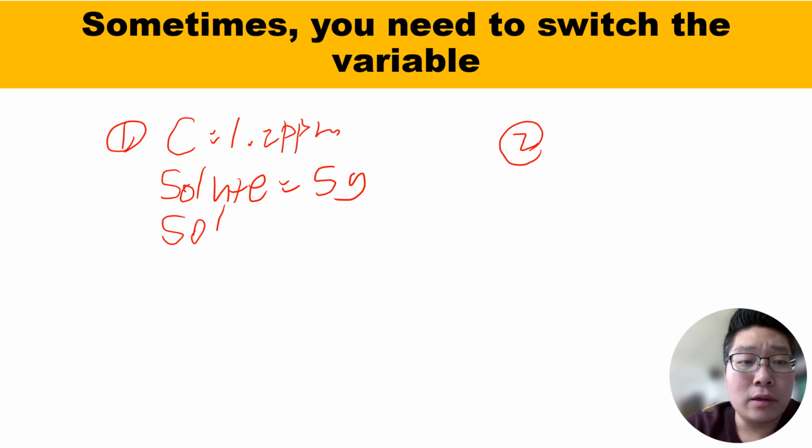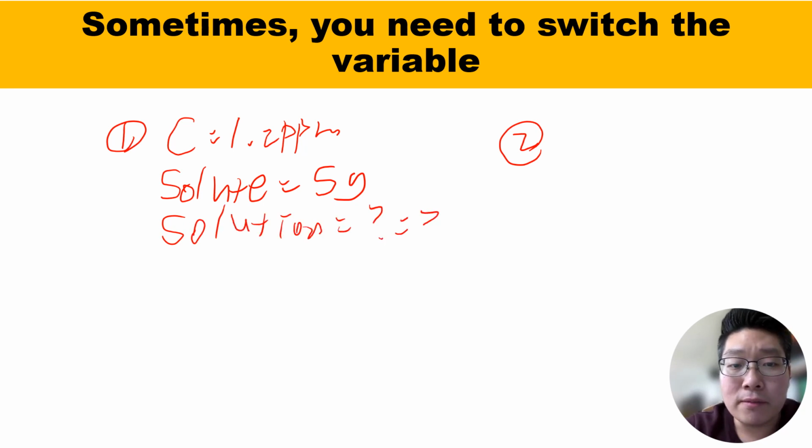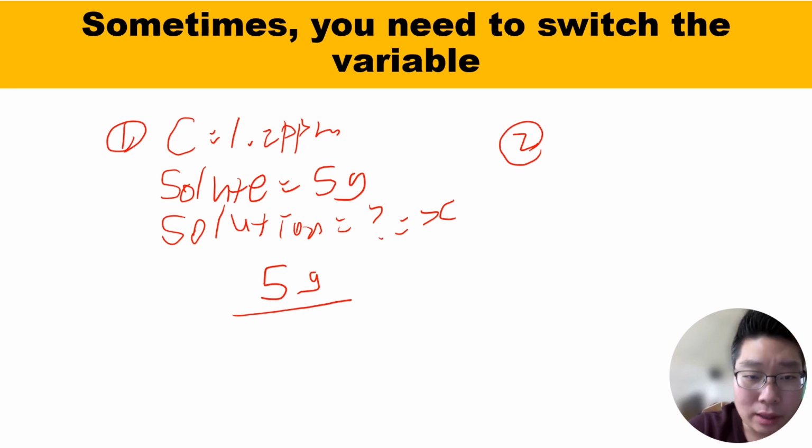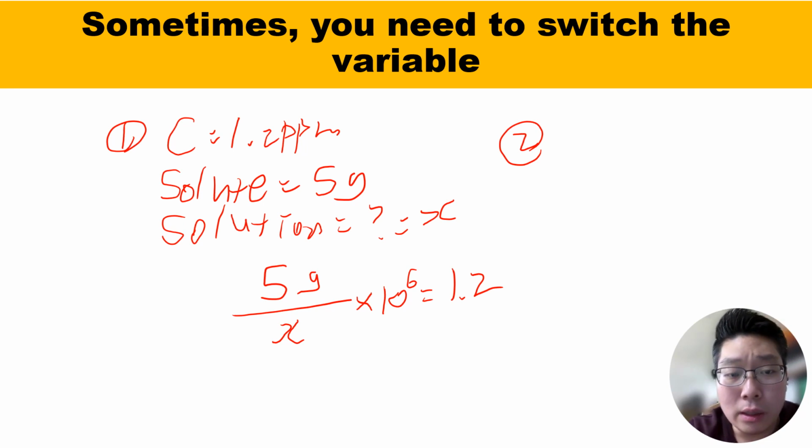Then naturally, I need to find the solution. You can define that as unknown x, because you know what goes on the top, you don't know what's at the bottom, multiply by a million, that gives you 1.2. It looks tricky, but now all I gotta do is isolate this x.